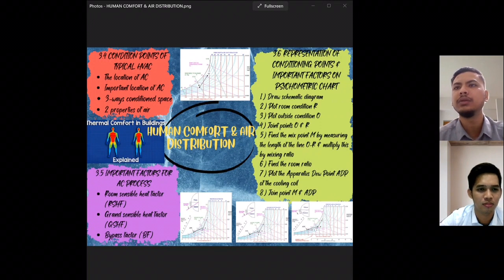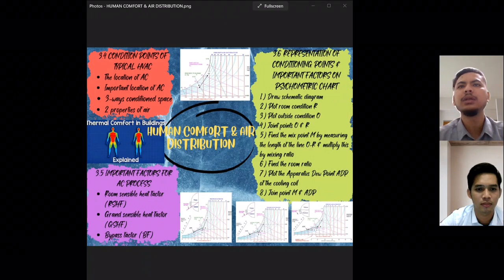For the heat ratio, 10.8 divided by 18.0 equals 0.6. After that, plot this ratio on the protractor on the psychrometric chart and transfer this line onto the chart so that it passes through point R.